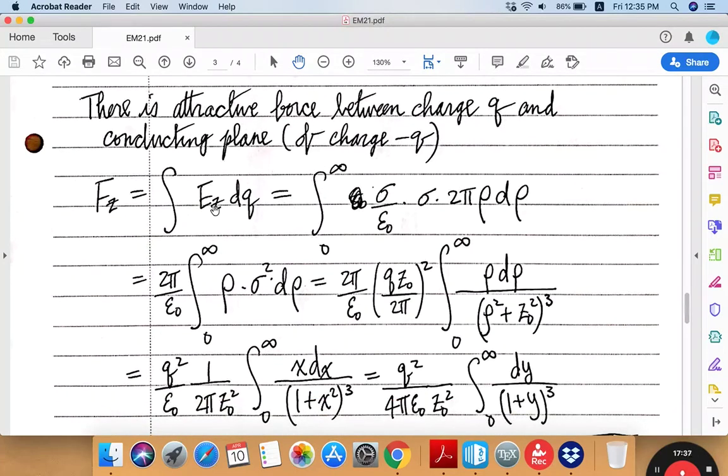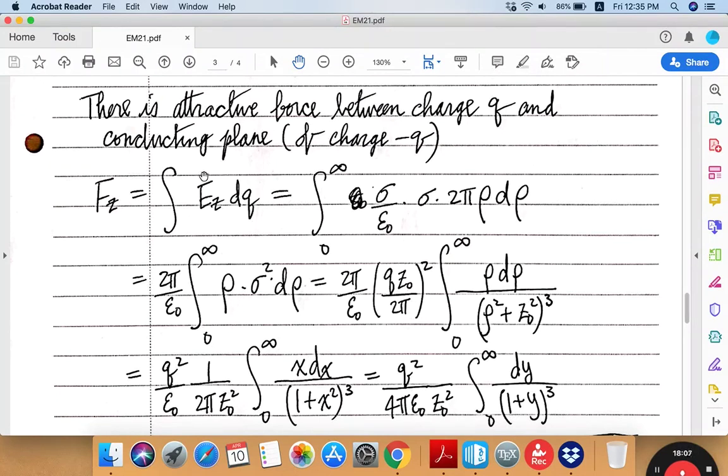Okay, so I want to be able to calculate exactly how much force is acting on the conducting plane by the external charge. And the amount of force is calculated through the integral of this infinitesimal force, which is the electric field multiplied by the infinitesimal charge on the conducting plane.